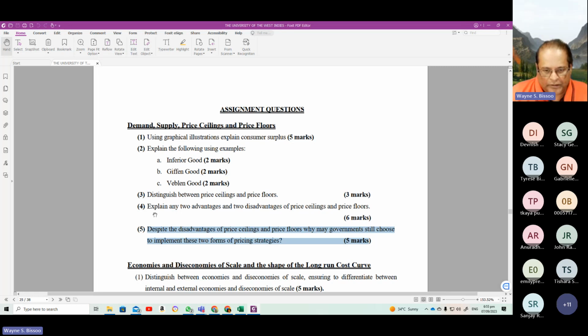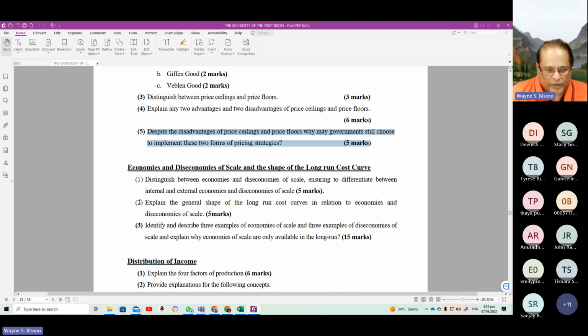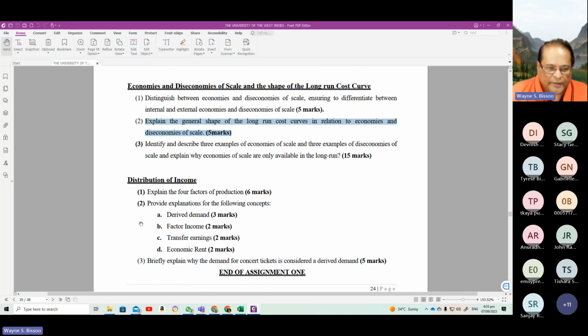All right. This one here, you'd identify that that is question 2. That's in the forum discussion. Explain the general shape of the long run in relation to economies and diseconomies of scale, but there are other questions that go with it that make up the scores for this area. The same thing is for distribution of income.